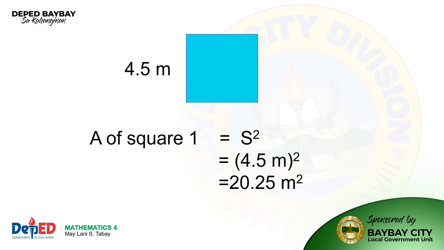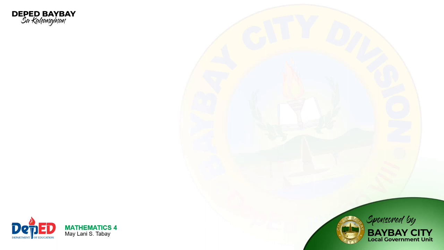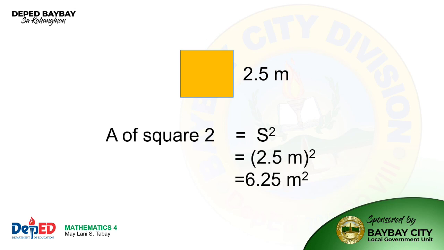Now, let's solve for the area of square 2. Area of square 2 equals s squared equals 2.5 meters squared is equal to 6.25 meters squared.